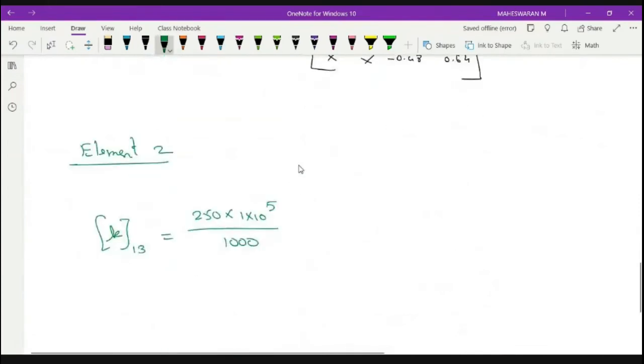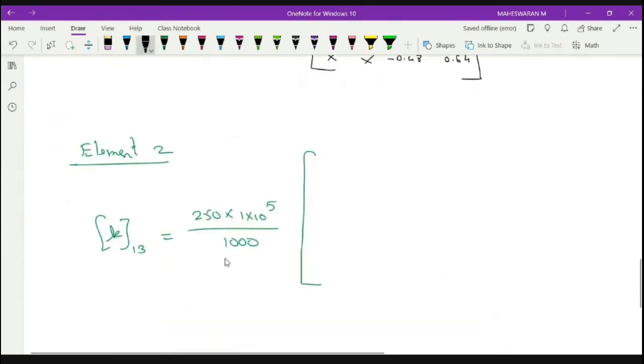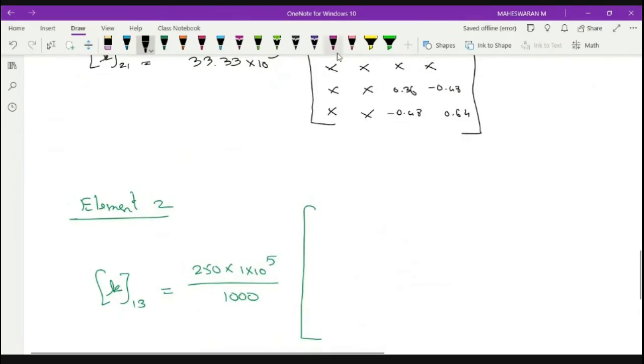So look here, when I address it, 2 and 1. So 1 and 3, right? Which means I will have x1, y1, x3, y3. Similarly, here also I will get x1, y1, x3, y3.